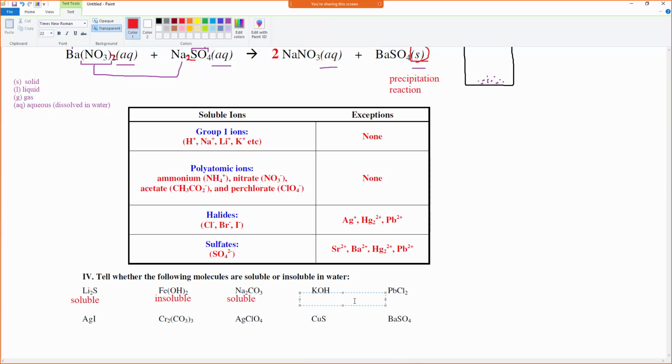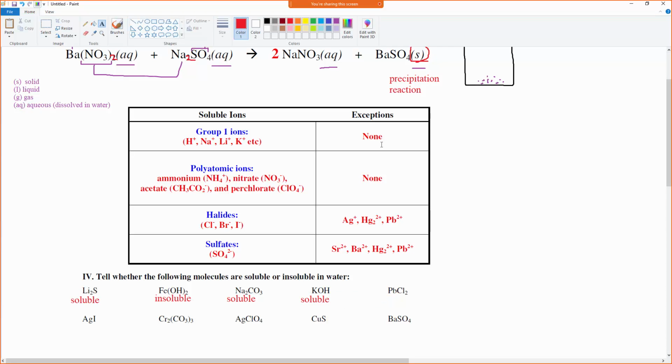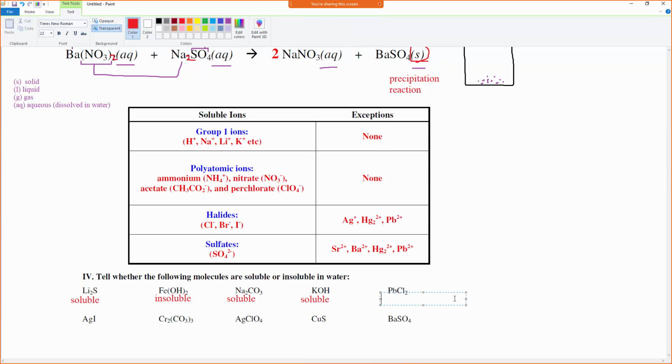All right, what about potassium hydroxide? Soluble, yes. Why? Because it's got potassium. Potassium's a group 1 ion, always soluble. Excellent. PbCl2, soluble or insoluble?